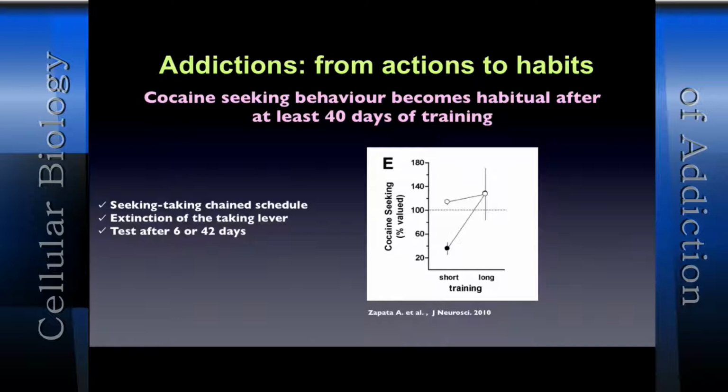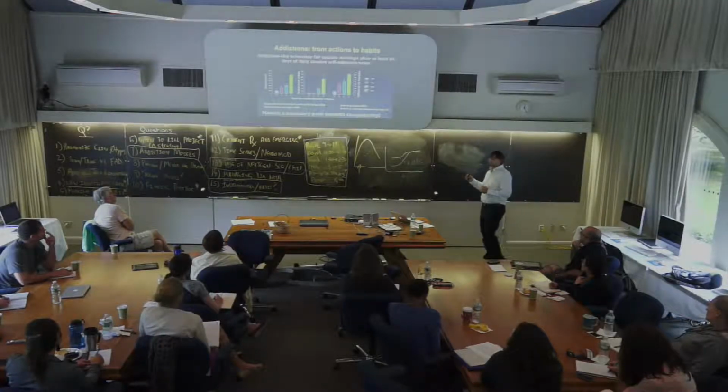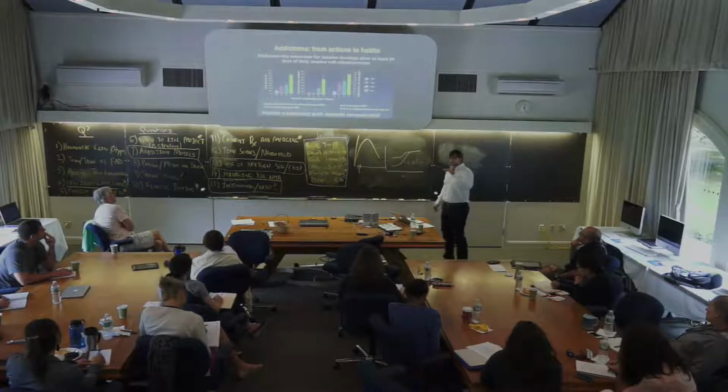The emergence of compulsive behavior, I'll come back to that in the second part of my lecture, takes at least 45 to 50 days. And habits appear before that. So it led us to believe that habit is a necessary step towards the development of compulsivity.